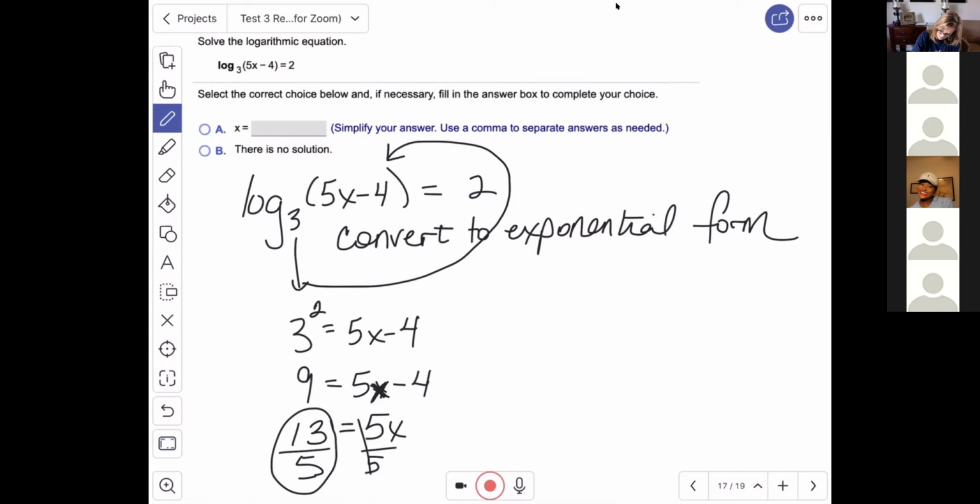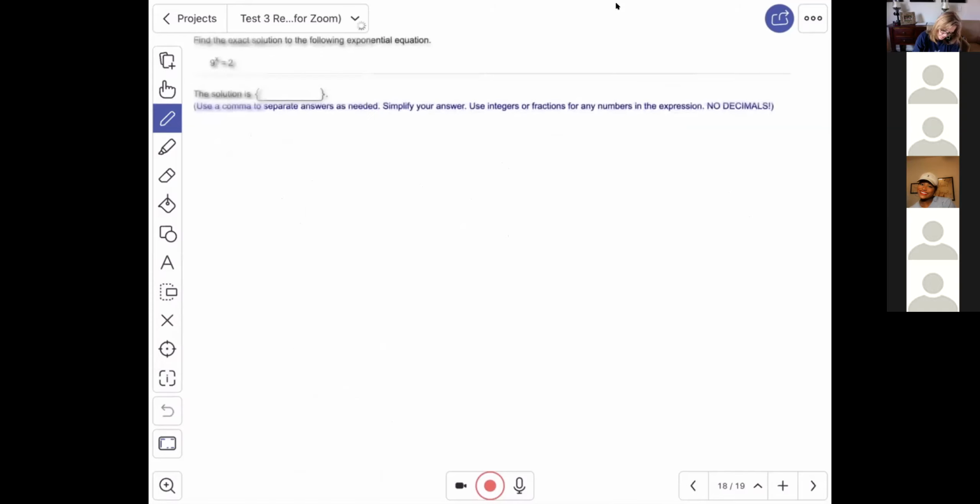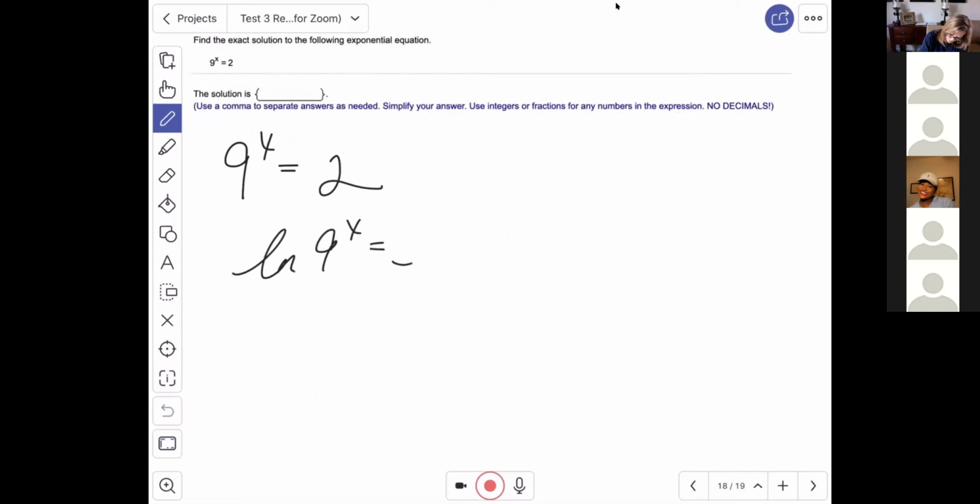All right. Let's see what we have here. This one, we're back to the exponentials. This obviously, you can't get the same base because 9 is 3 squared. So when you can't get the same base, you're forced to take the natural log or the log of both sides, and it doesn't specify.